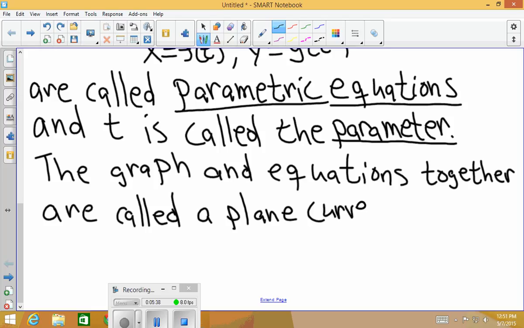You could use the words plane curve more generally to describe any curve in the two-dimensional Cartesian coordinate plane, but we use it here specifically with respect to parametric equations.